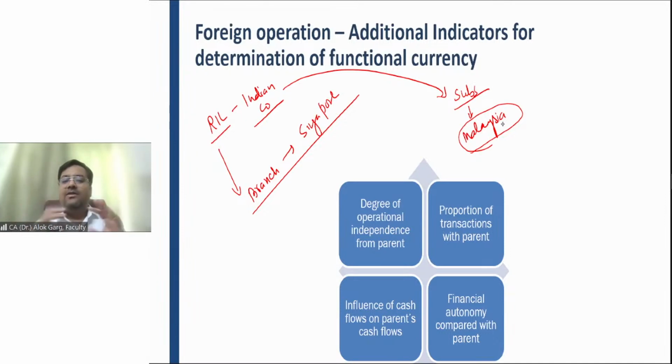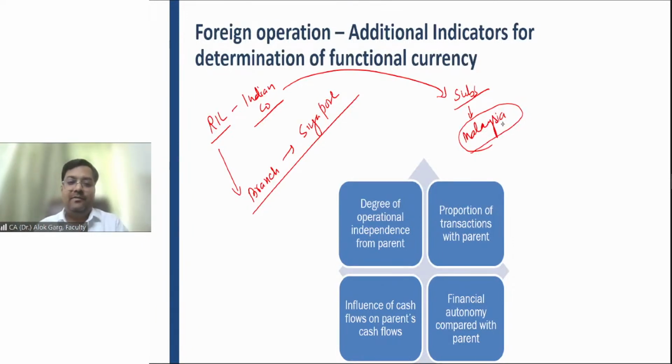Are you getting me? An extension means the foreign operation does not have its own individuality; it is completely dependent on the parent, on this RIL, right? So you need to look at whether it is only considered as an extension of the main entity, or whether this foreign operation has its own ways of working, its own manufacturing, its own customers, its own independent board.